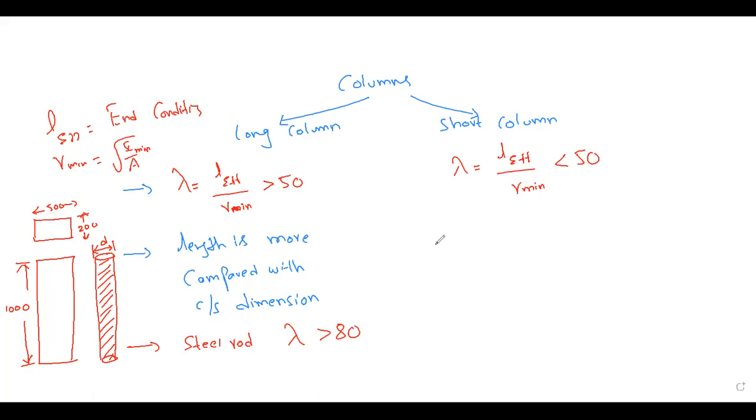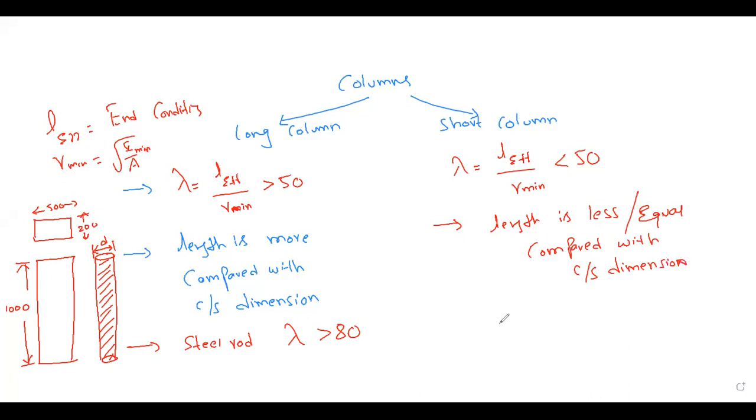So what is a short column? A short column is one where the length is less than or equal to the cross section dimension.